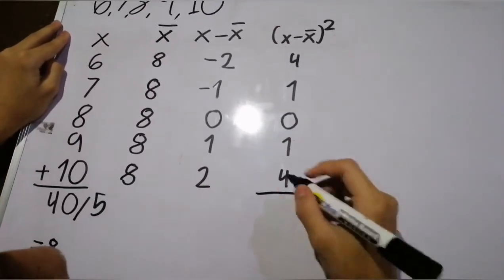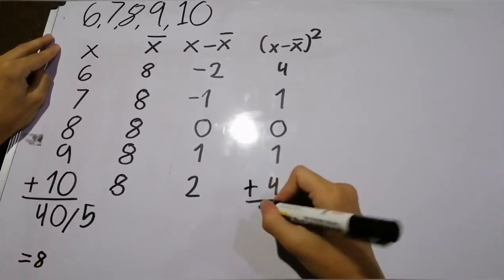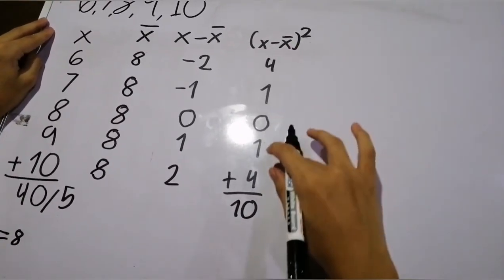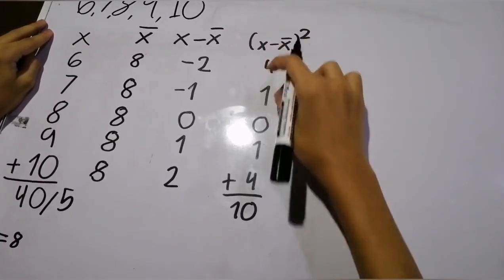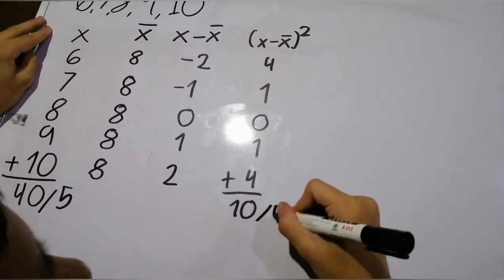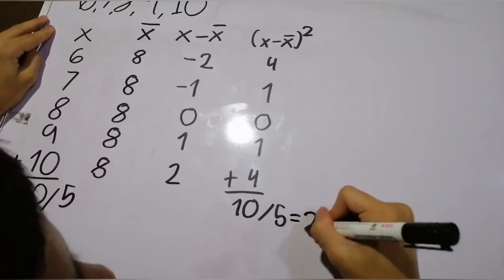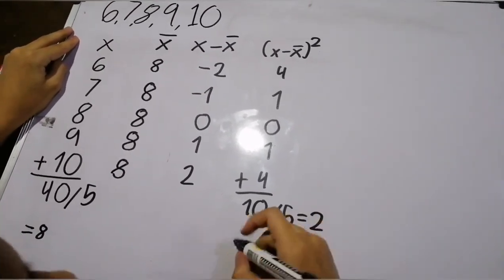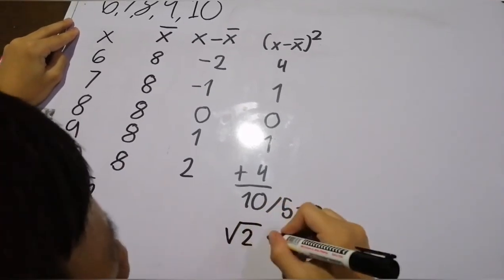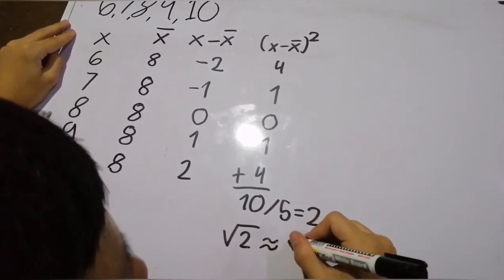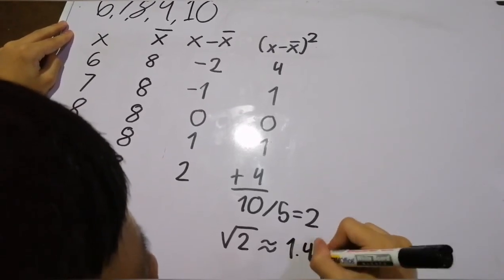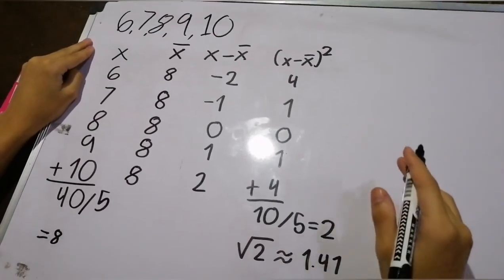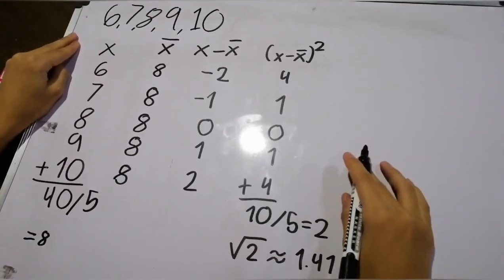Then you find the sum, which is 10, and divide that by 5, because there are 5 numbers here, which gives 2. Then you find the square root of the number, which is roughly 1.41. And that is an example of how you find the standard deviation of ungrouped data.